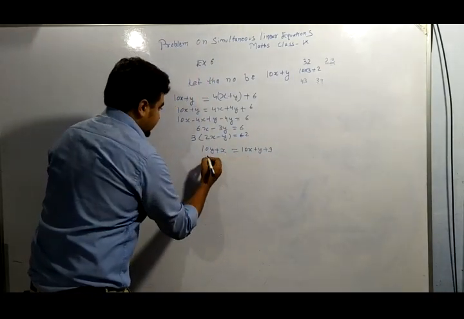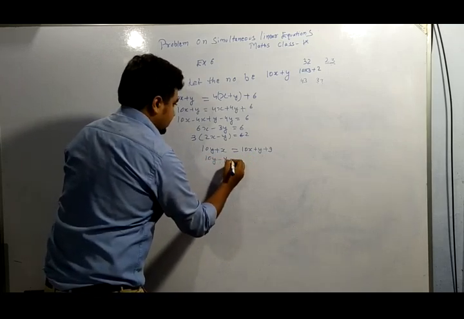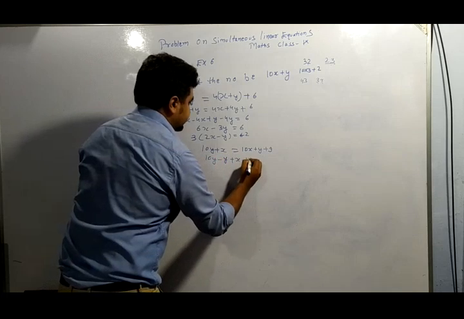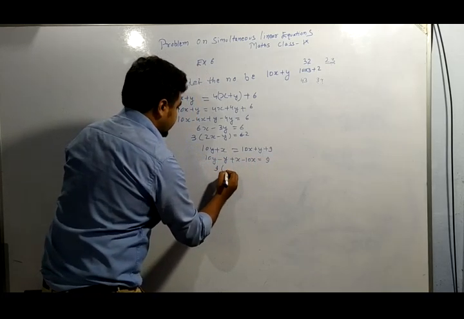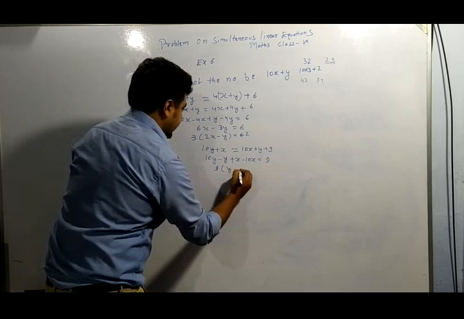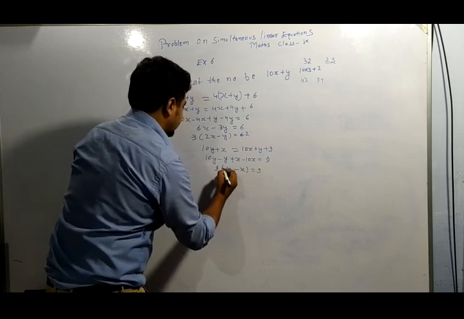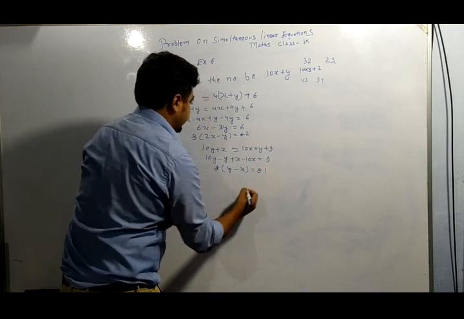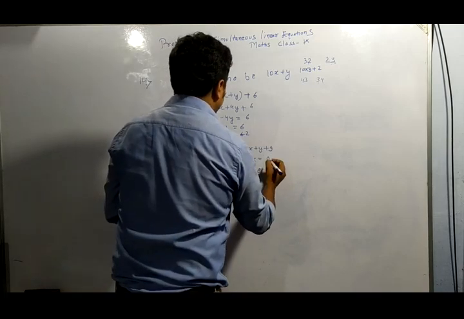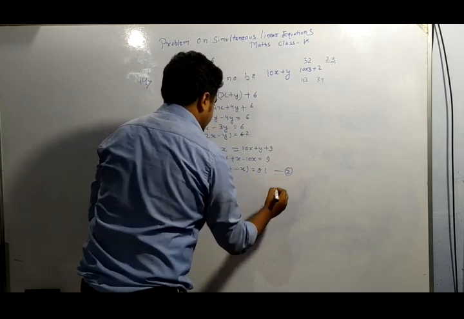So from here you will get 10y plus x minus 10x minus y is equal to 9. So 9y minus 9x equal to 9. So from here we are getting y minus x is equal to 1. So this is equation 2.